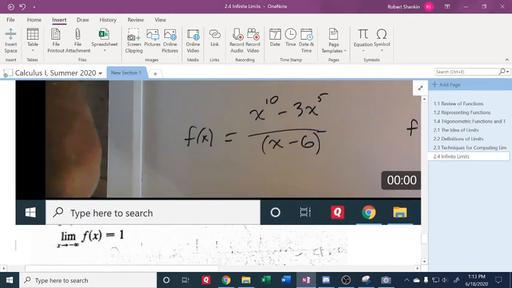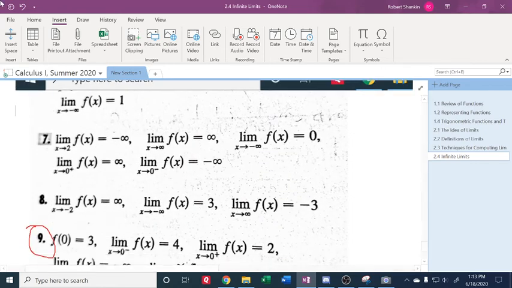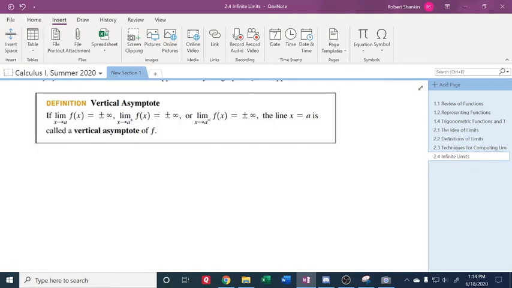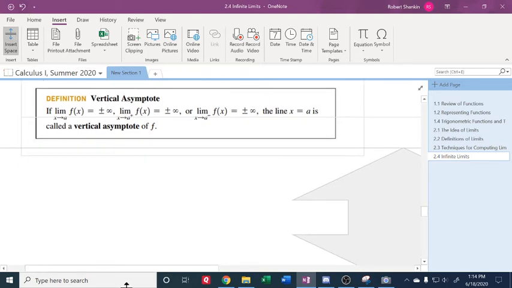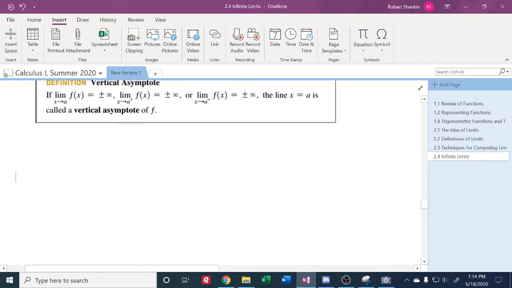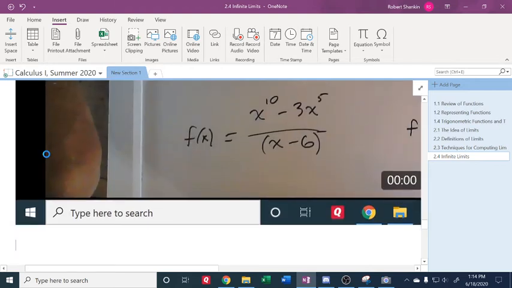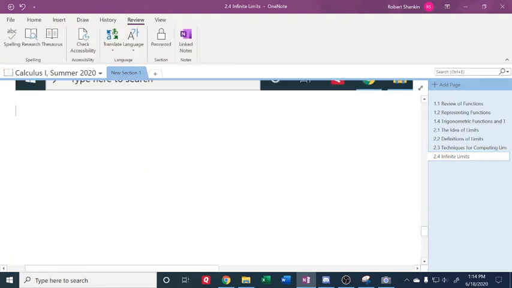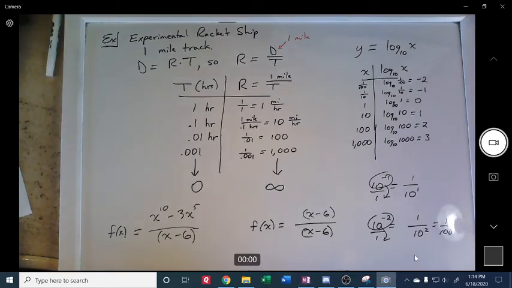Ooh, it's kind of covering up my stuff. Let me create more space.